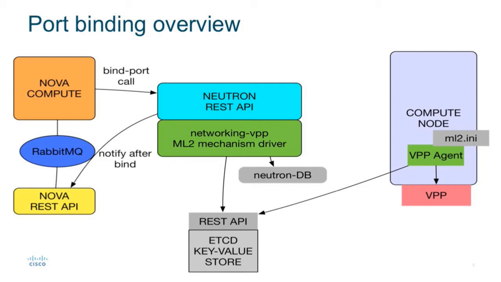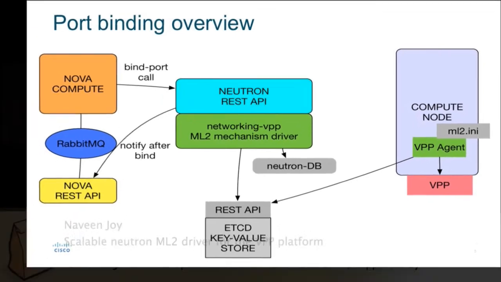So the compute node receives that notification, programs VPP, and then sends data back to etcd, communicating back to the mechanism driver that I have dropped the socket, and the mechanism driver now notifies Nova that the port provisioning has been complete, and Nova then proceeds with the virtual machine creation with QEMU. So this is a high-level flow of how things would work with networking VPP.